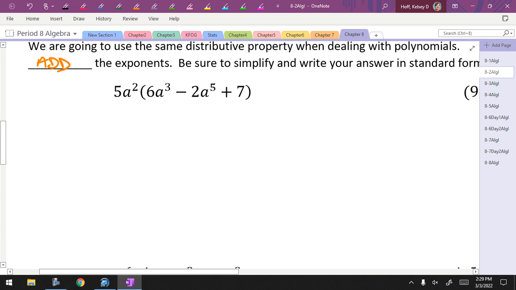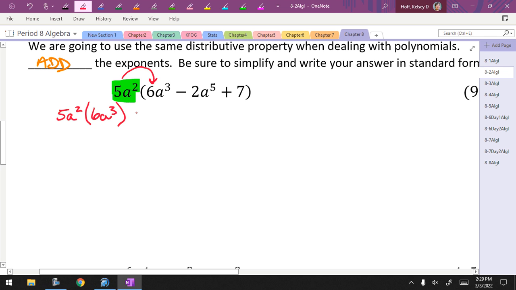What am I distributing here? 5a to the second. Is that 5a to the second positive or negative? Positive. That's important. Remember that. Okay? I'm going to take 5a squared times 6a cubed. Now, what did you tell me was that 5? Positive or negative?